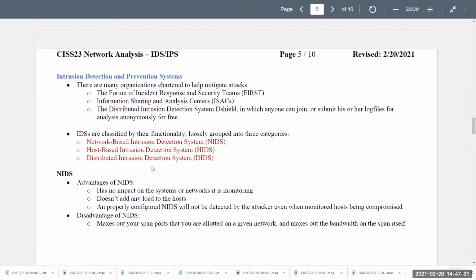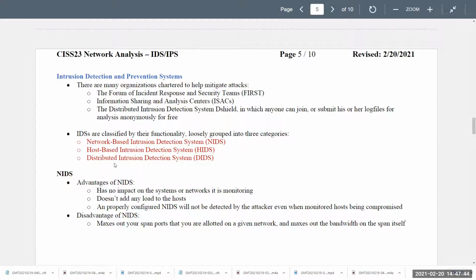Now for the IPS and IDS, roughly there are three different types. One is network-based, which is like the one that we have in the figure. It's network-based, not put in the host. And there's also host-based, where you install the IDS or IPS into the computer or the system itself. So that's called host-based.